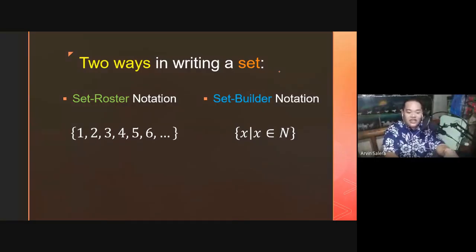X such that X is an element of natural number.